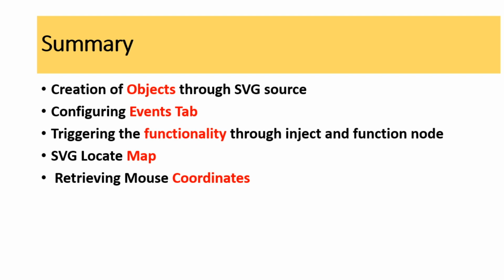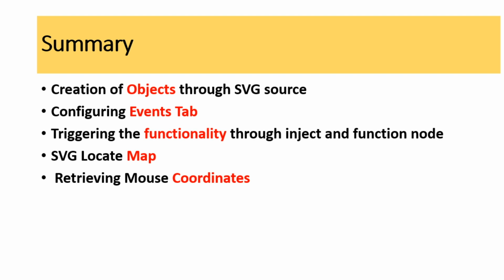So, summary: we just created objects through SVG source, that is, we created a circle and we brought text through SVG source code. Then we configured events, what has to happen if I click the mouse, or if I move the mouse over it. Those things could be done with the help of the event tab. Then any number of functionalities you can bring to Node-RED through the inject node and the function node. The function node plays a vital role in bringing automations through functionality.